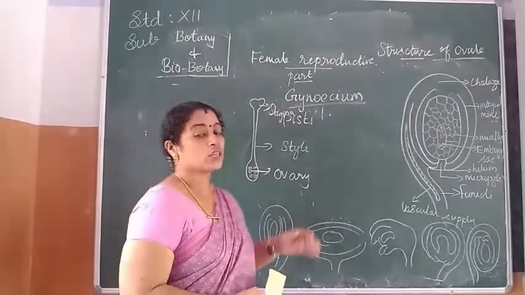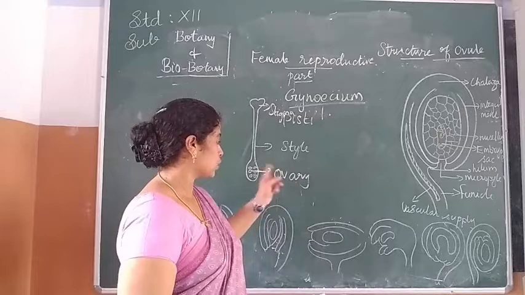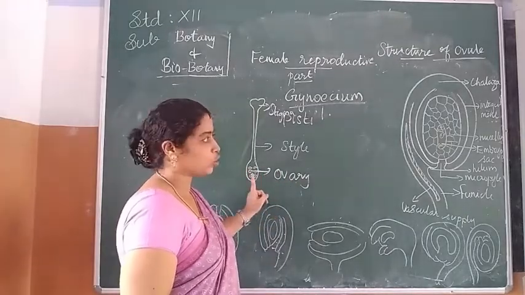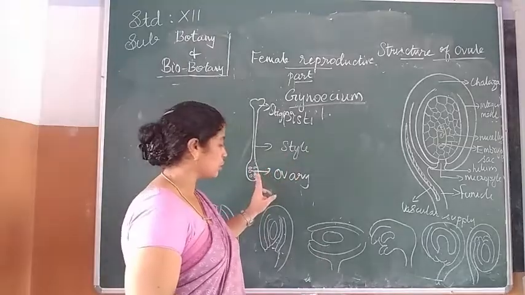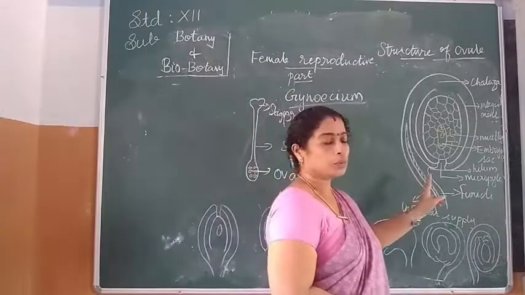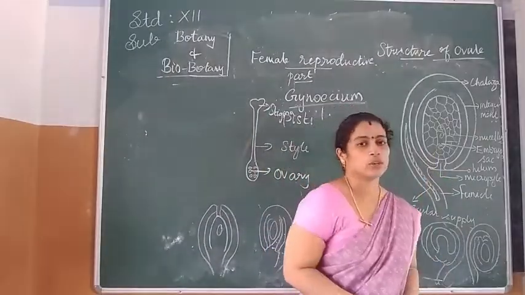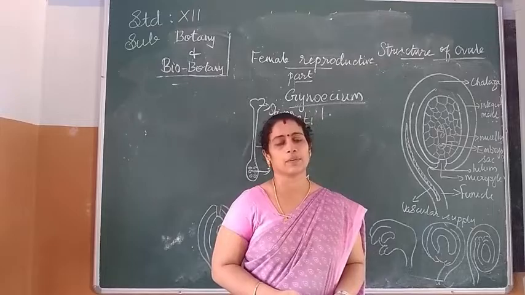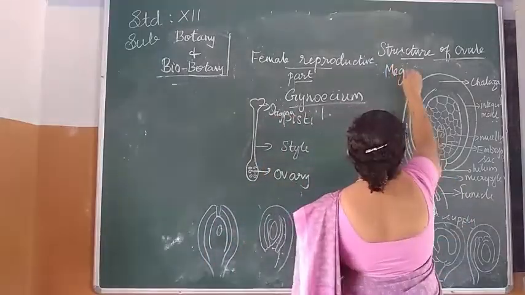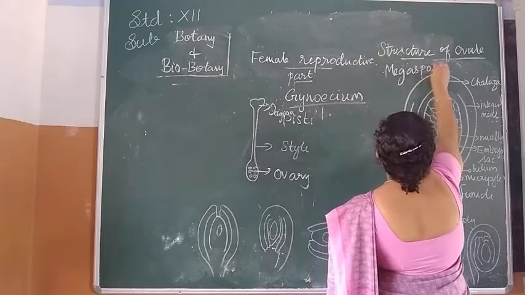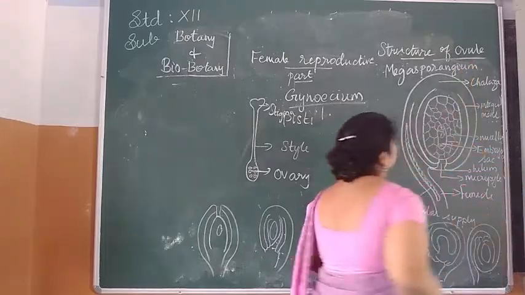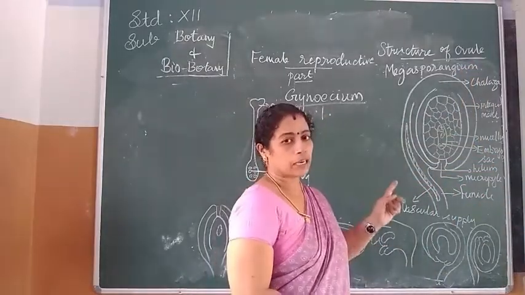The next topic is the structure of the ovule. I have told that the ovules are present inside the ovary. Now we are going to see the structure of a single ovule. The other name of the ovule is megasporangium.